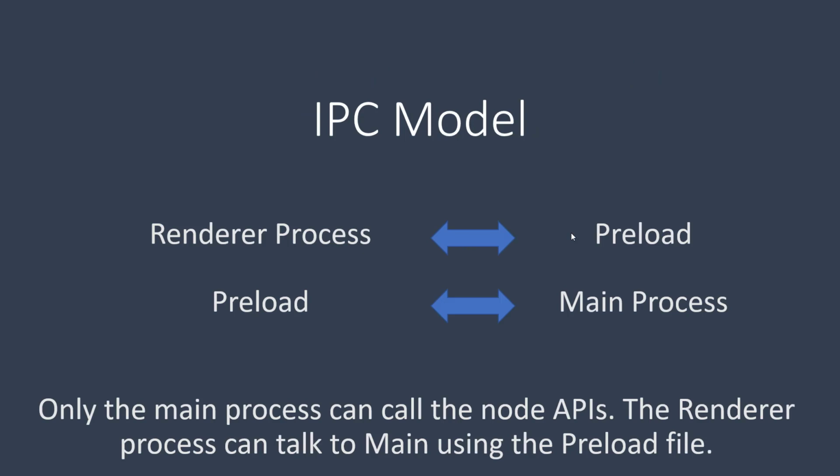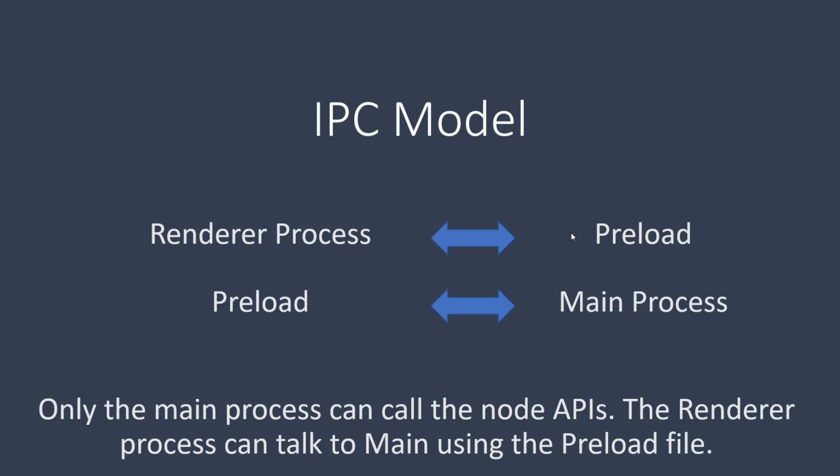In earlier times, if you switched node integration on, the renderer process could call any function in the main process directly, and that might cause some kind of script attacks if a hacker wanted to do something with your application. Because it's a Chromium app, it can talk to the internet. They can inject scripts into your application that can run malicious code on the computer of the user, and that's definitely not a good idea.